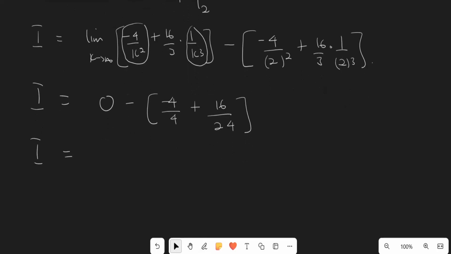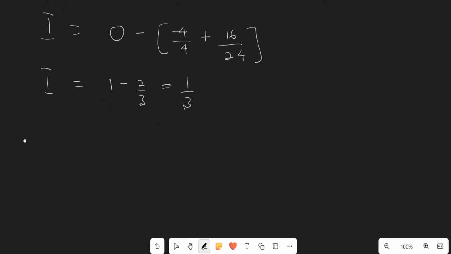And that simplifies to what? This one is negative 1. That's going to be 1 minus 16 over 24. That is going to be 2 over 3, right? And that reduces to 1 over 3. I'm sorry, this is 1 over 3.